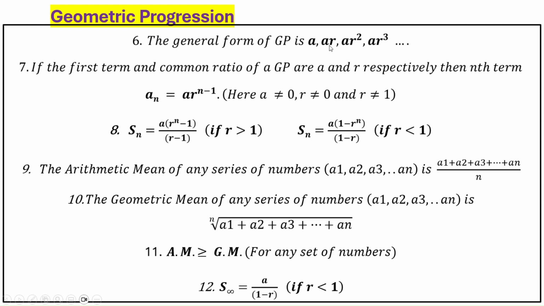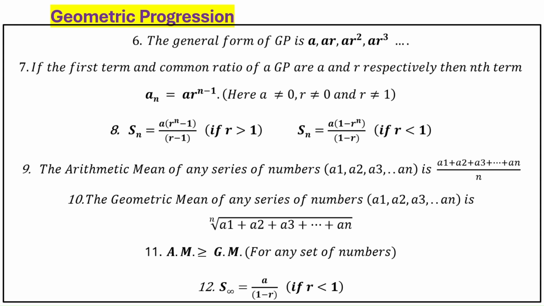Then the nth term is an equals a r to the power of n minus 1. Here a is not equal to 0, r is not equal to 0, and also r is not equal to 1. If r is 1, the progression always has the same term, a, a, a, a, which you can tell is an arithmetic progression also.